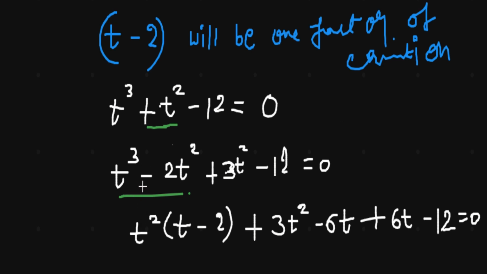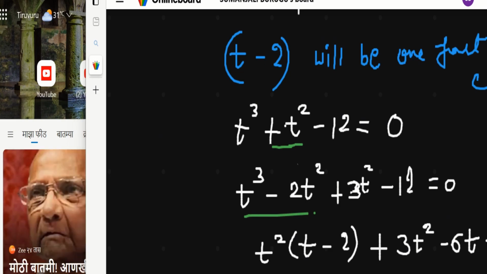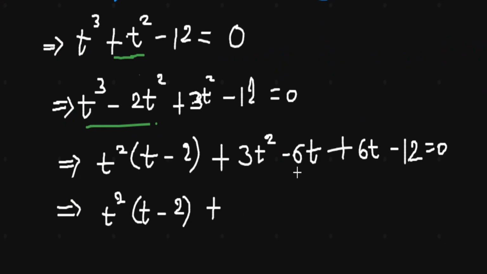So friends, we have written t cube minus 2t square plus 3t square minus 12 is equal to 0 as, taking t square common in t cube minus 2t square, t square into t minus 2, plus we have written 3t square as it is. So we are subtracting 60 and adding 60. Here we can write t square into t minus 2 as it is, plus 3t square minus 60.